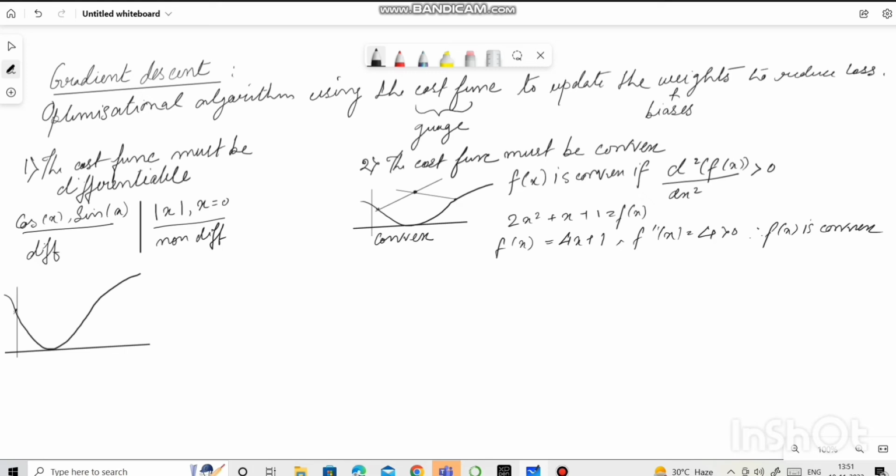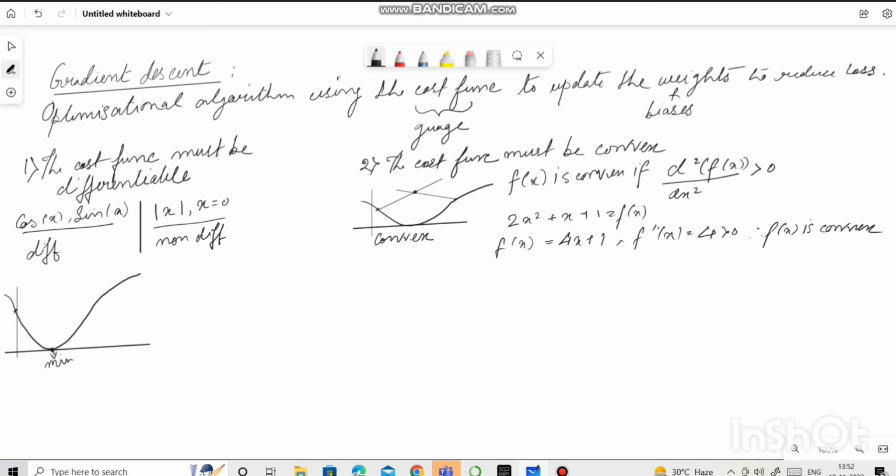What it does is it differentiates the function at this point, gets the slope, and guides the algorithm to move in the direction in order to reduce the loss function. Over here we see the minima is at this point. This is the minima, and our aim is to reach this point.